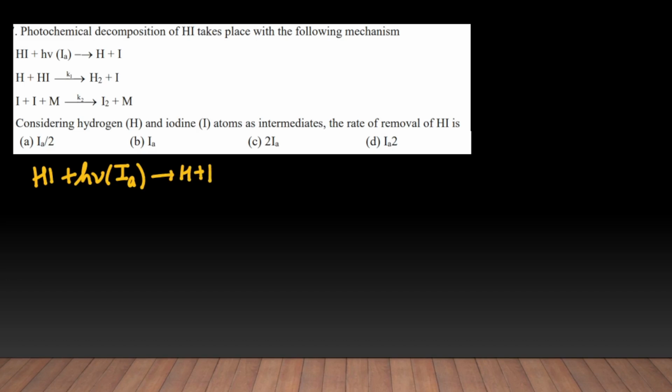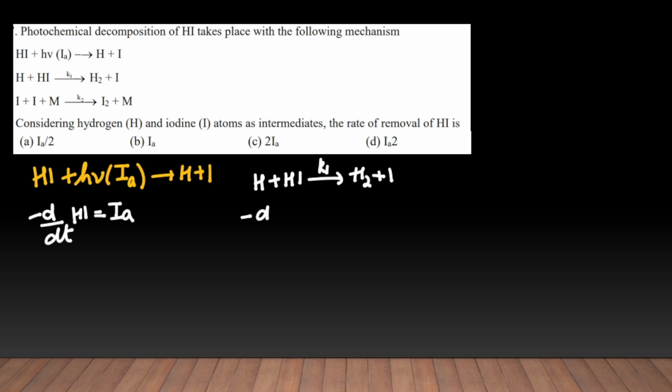So here the rate of the HI removal, we can write it as d by dt of HI, which will be equal to the intensity only, right? The next reaction is hydrogen plus HI giving us hydrogen plus I, with the rate constant K1.